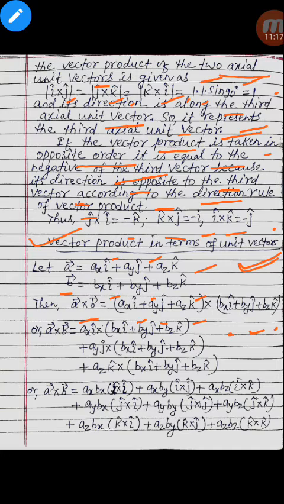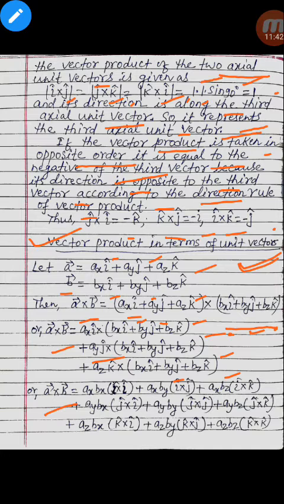We will expand it: a cross b equals ax i multiplied by bx i plus by j plus bz k, plus ay j cross bx i plus by j plus bz k, plus az k cross bx i plus by j plus bz k.